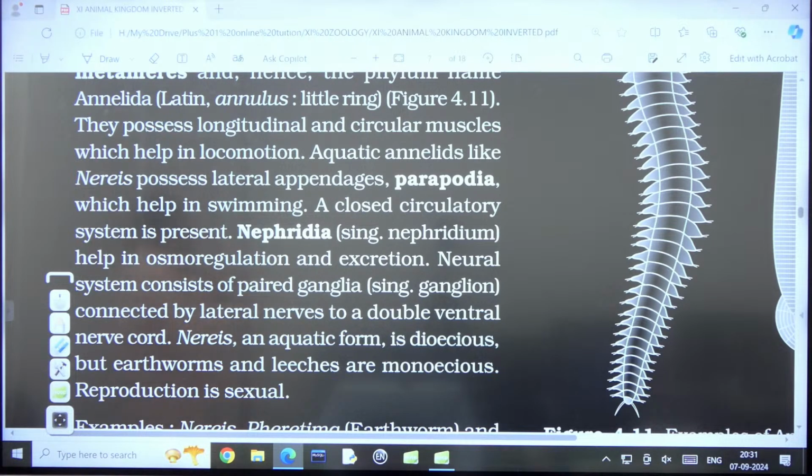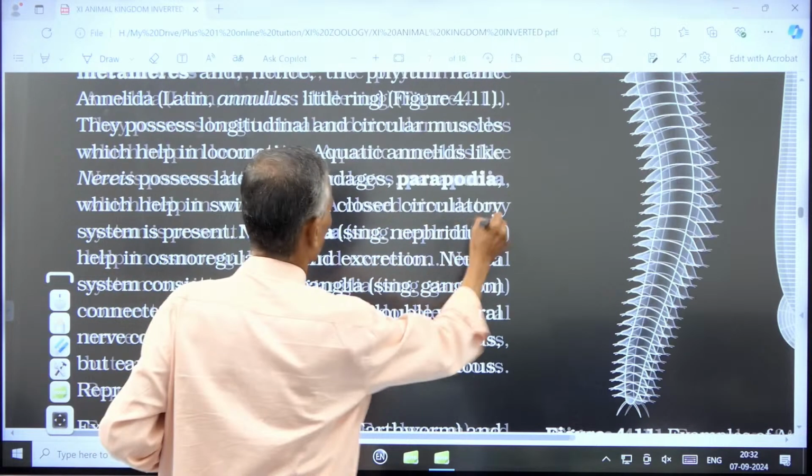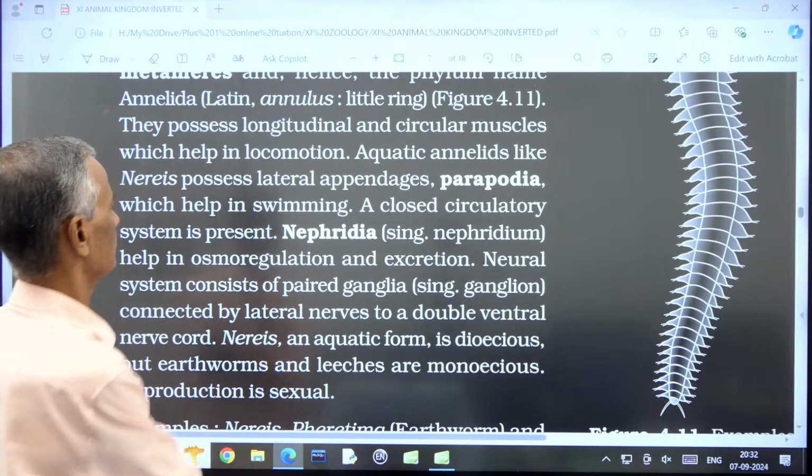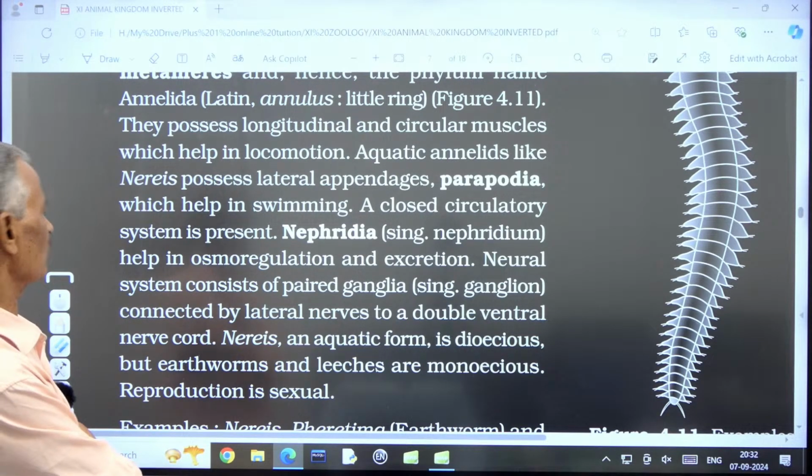Blood is circulated in the body through blood vessels, closed tubes. So we call it as closed circulatory system. Blood is flowing inside closed tubes called blood vessels.